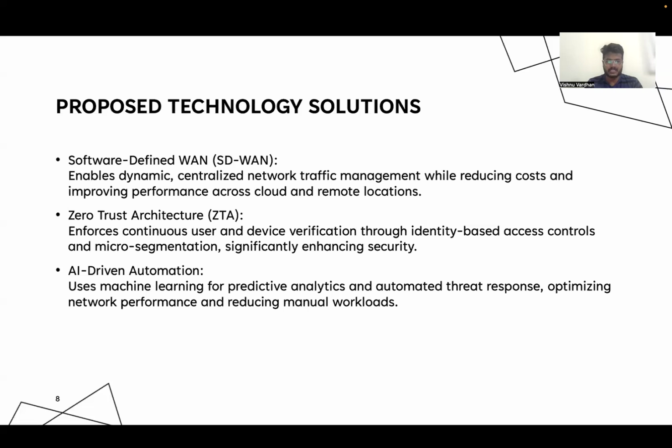Zero trust architecture requires continuous identity verification and limits access through micro-segmentation. And AI-driven automation introduces predictive analytics and network optimization. These technologies were chosen for their ability to solve the identified problems while aligning with our strategic goals.